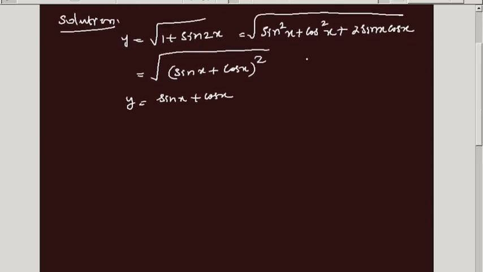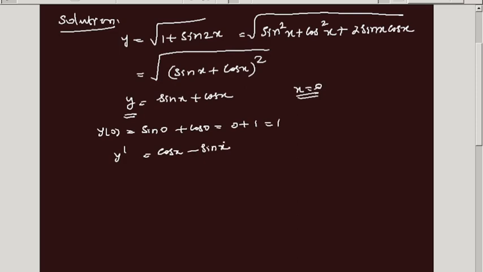So here x we must substitute 0, Maclaurin series x is 0. So if we substitute 0, we get y of 0 equal to sin 0 plus cos 0. So sin 0 is 0 plus cos 0 is 1, we get 1. Now we differentiate this y. y dash equal to derivative of sin x is cos x, plus derivative of cos x is minus sin x.